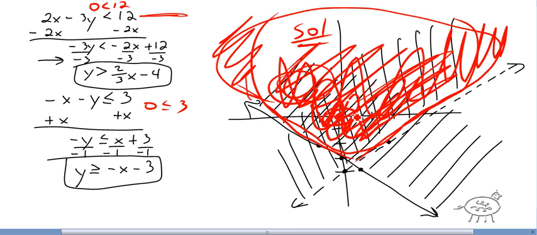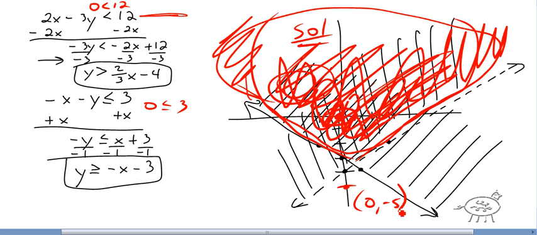If you pick a point outside of that, and let's pick any point here. If I picked some point below this, so 1, 2, 3, 4, 5, so I picked 0, negative 5. Okay? And if I plug that into the top equation, I get 2 times 0 is 0.